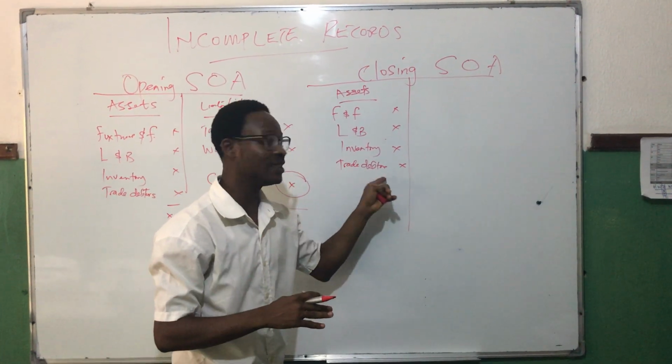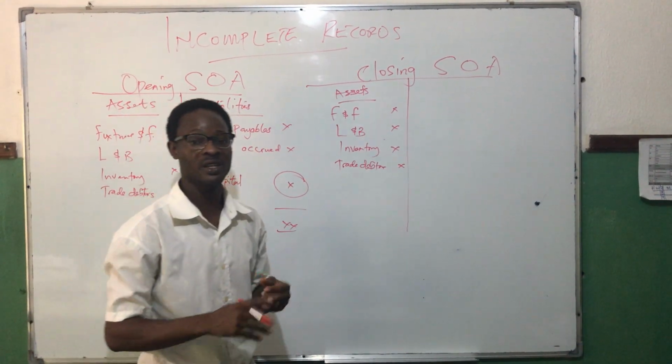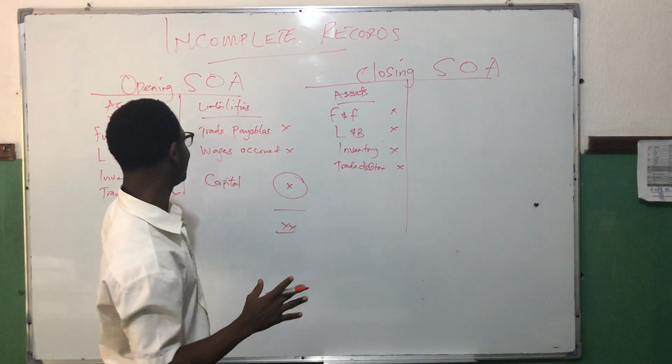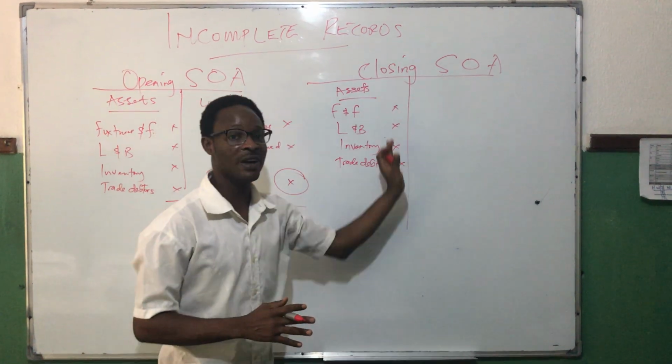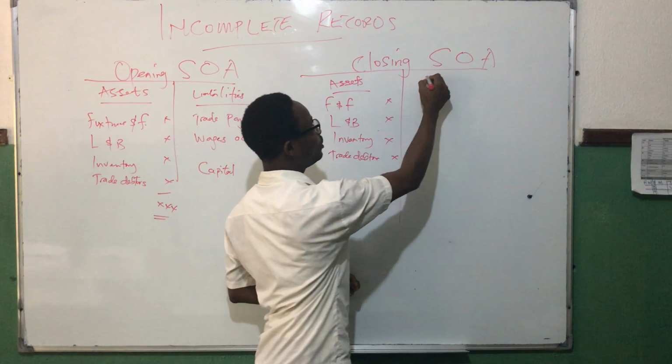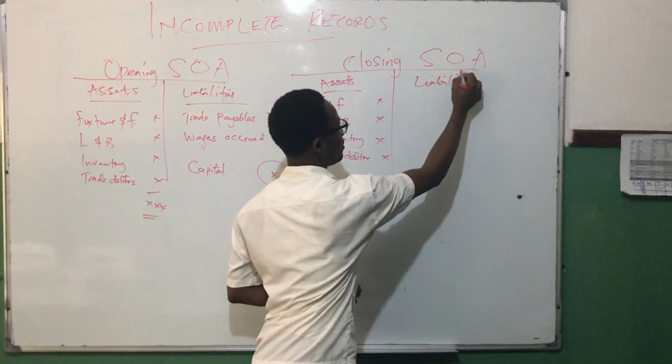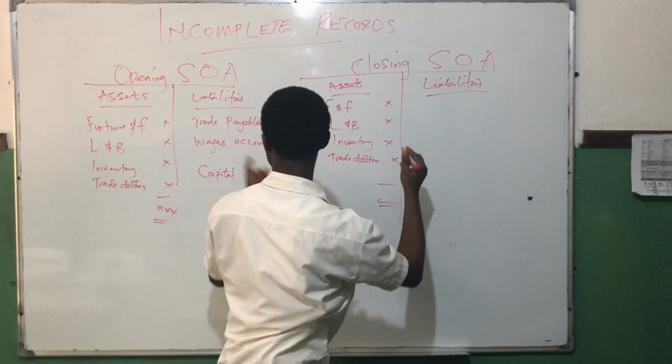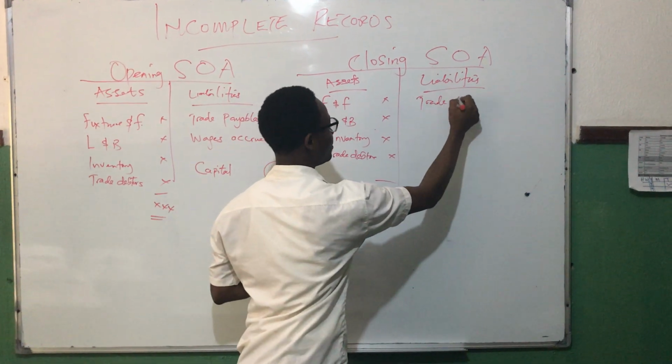There might be an asset that is not here now, but it was there at the beginning. But most times, the assets we have here are also what we have here, but with different values. So we add this up, then we show the liabilities. Liabilities are trade payables here.